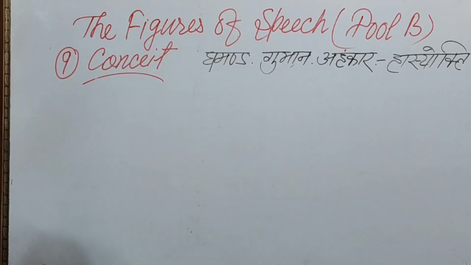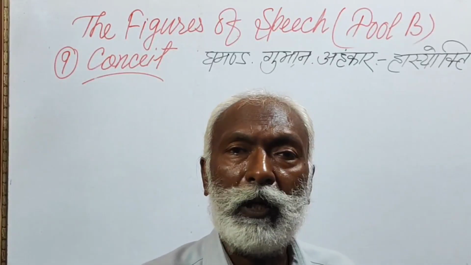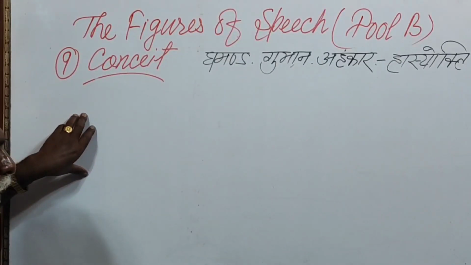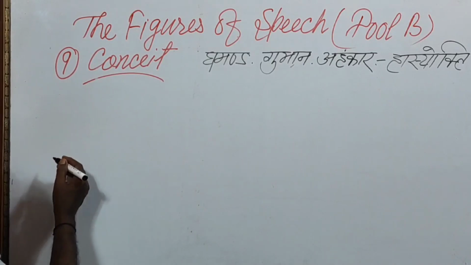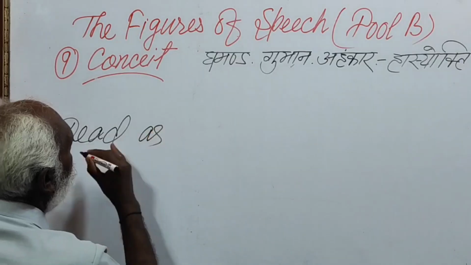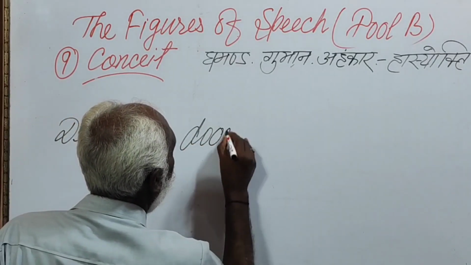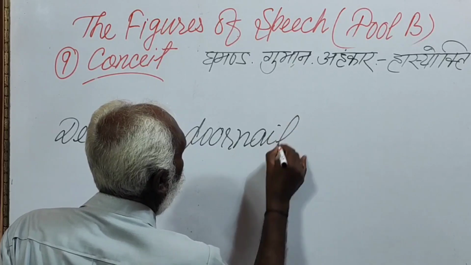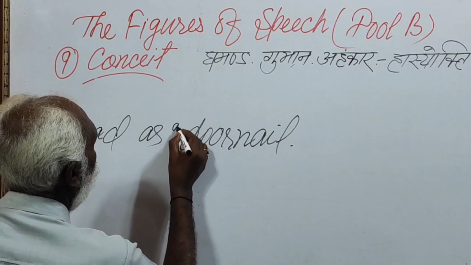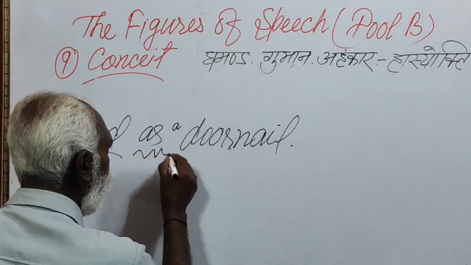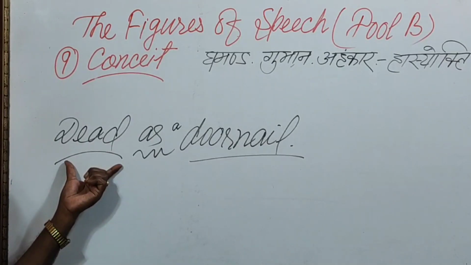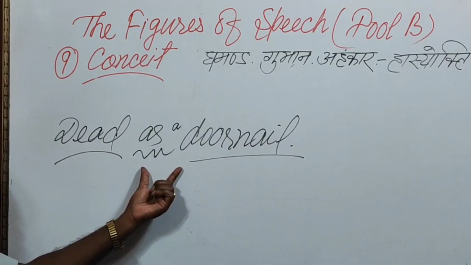Now some idioms as examples of displaying conceit. Some idioms of conceit we are writing. Dead as a doornail. Dead as a doornail. Comparison between the two using simile.